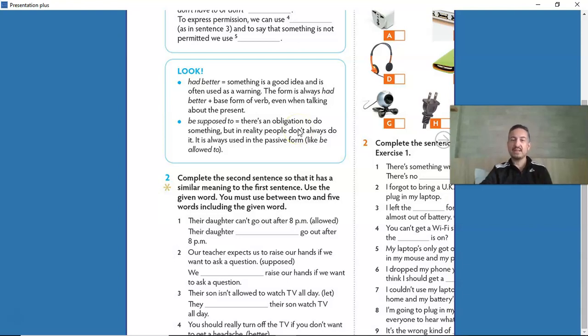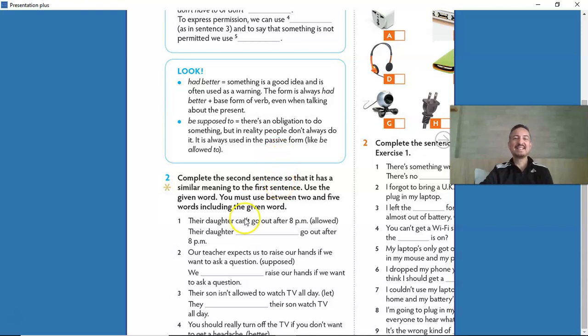The form is always had better plus the base form of the verb, the infinitive without to, even when talking about the present. And be supposed to, there is an obligation to do something, like must or have to, but in reality, people don't always do it. It's always used in the passive voice, like be allowed to.